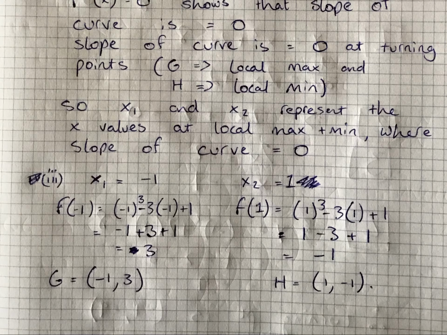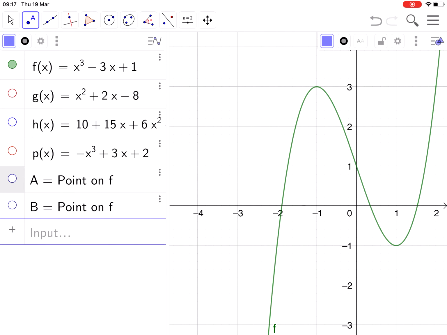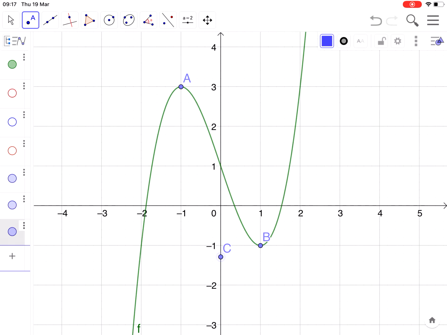So I fill in -1, it gives me 3. I fill in +1, it gives me -1 as an answer. And then I have the coordinates of G and H. And that makes sense, okay? Because if I go back here and I fill them in there, G in the question would be (-1, 3), and H will be (1, -1).